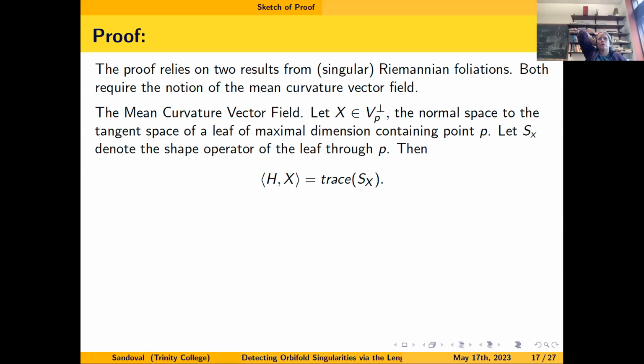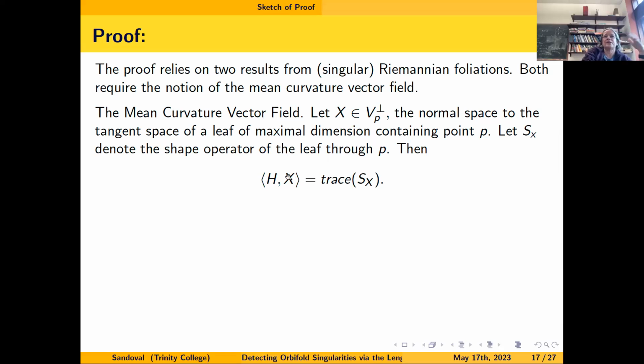So the mean curvature vector field is a vector field that takes values in the normal space of the tangent space of the leaves of maximal dimension. For us, our singular Riemannian foliations are actually regular. So all the leaves have the same dimension, which is maximal. So this is not really an issue.